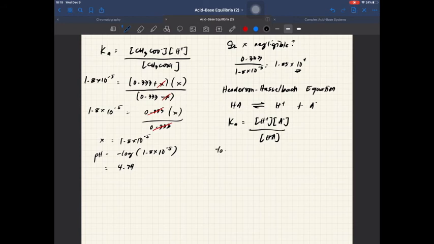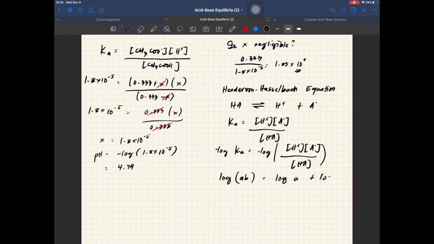So negative log of Ka is equal to negative log of the expression above. But based on the rules of logarithmic functions, suppose we have log of AB, or A times B, log of AB is equal to log of A plus log of B.